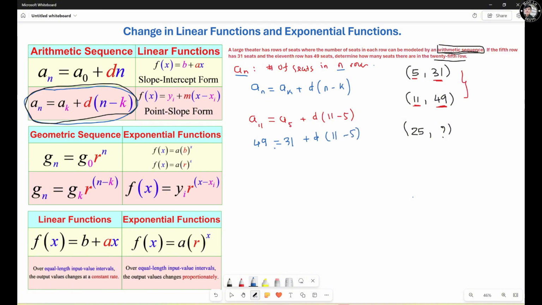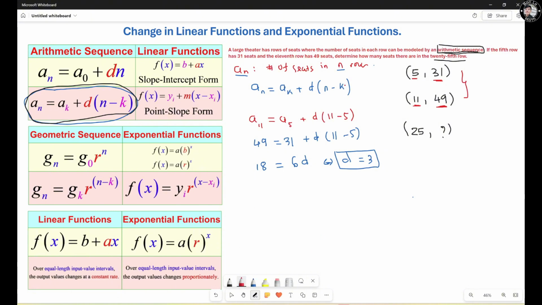So I'm going to subtract 31 from both sides, so it becomes 18 equals d times, 11 minus 5 is going to be 6. I'm going to solve for d. So d equals 3. So I already have the common difference is 3.